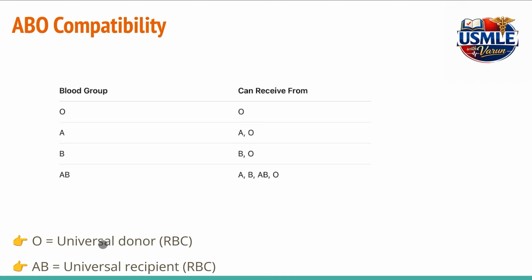O is the universal donor because it doesn't have any antigens on its RBC membrane surface, whereas AB is the universal recipient because it doesn't have any anti-A or anti-B antibodies in its plasma.